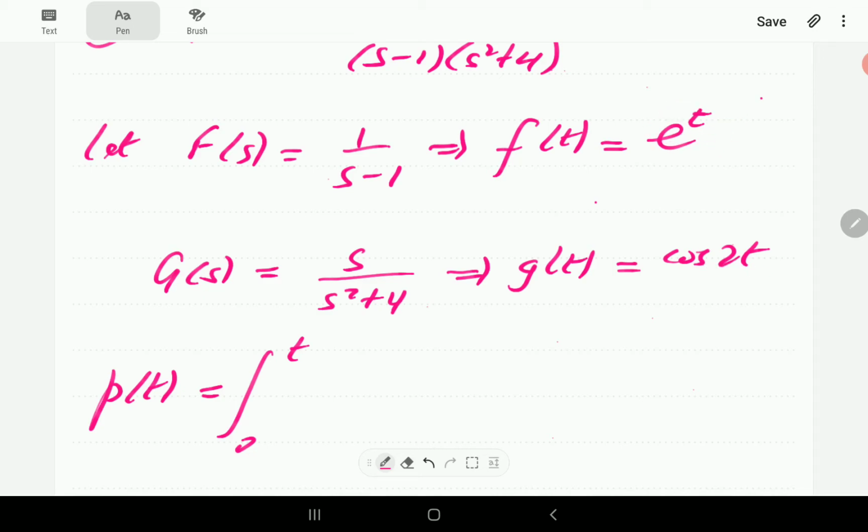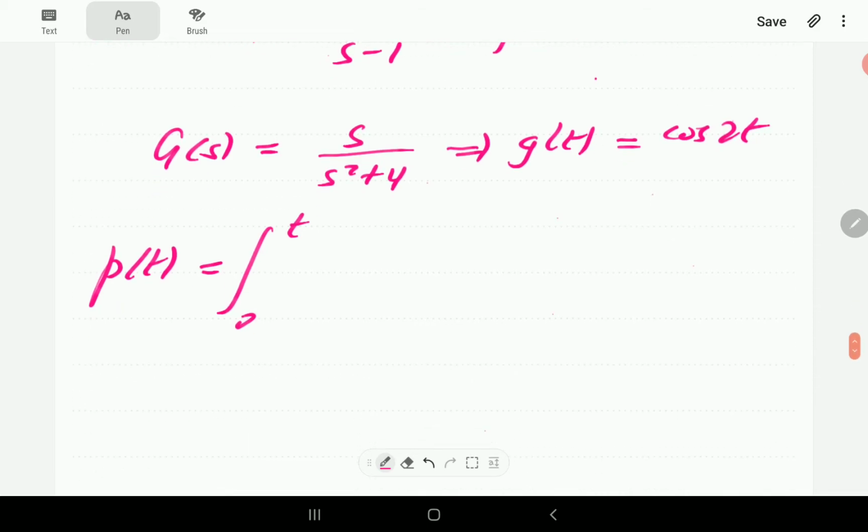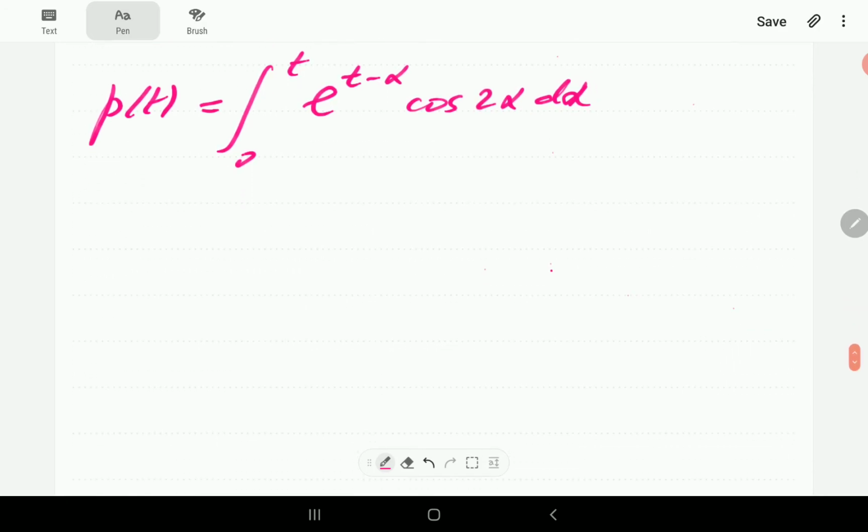Notice that since the convolution is commutative, we can go with t minus alpha here or there, but one may be more involved in terms of the integration than the other. So then this is going to be e to the t minus alpha times cosine 2 alpha. Then we just again integrate this.